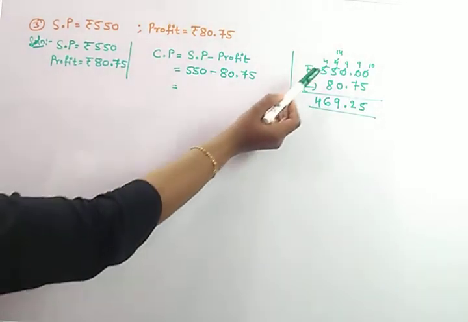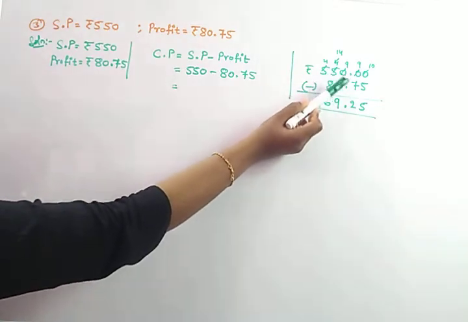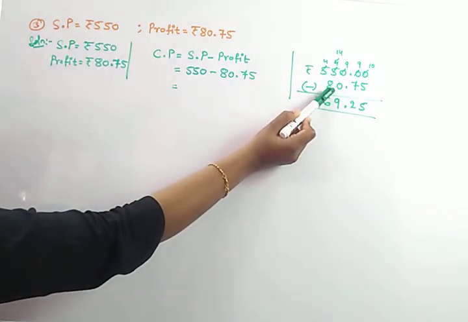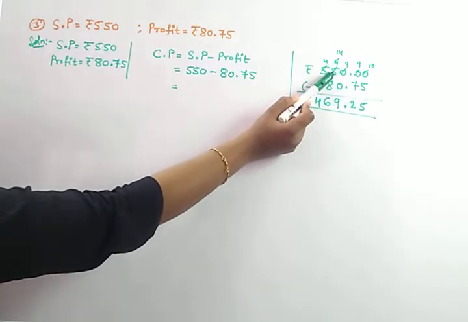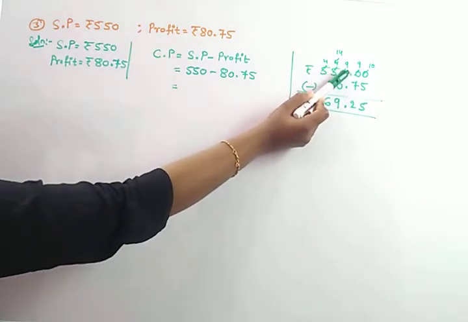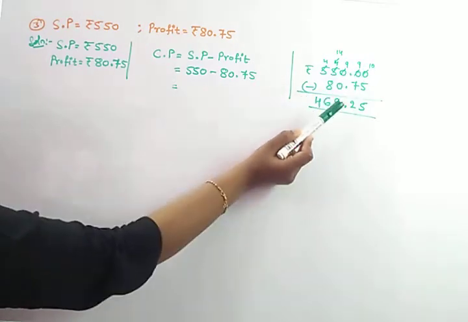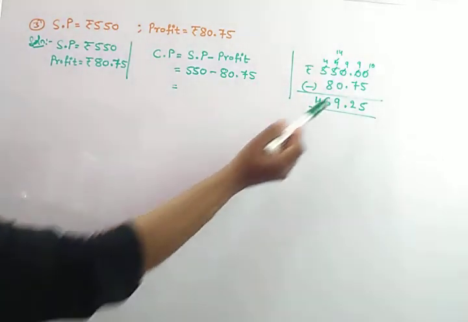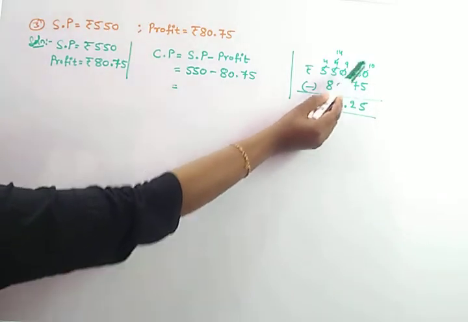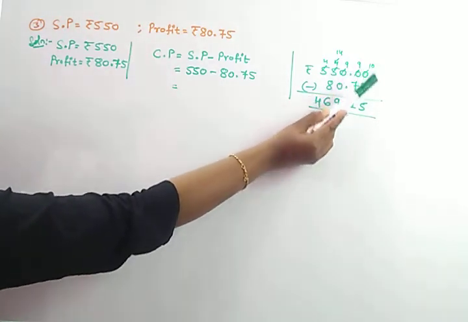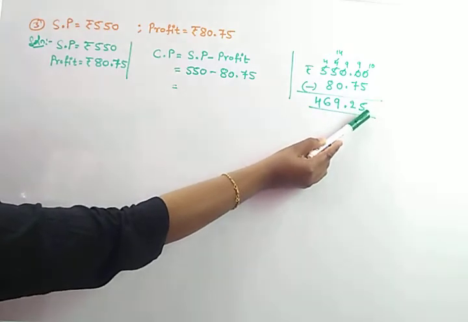Students, do like this: 550 rupees, and the second term having paise, 80 rupees 75 paise. In the first term, write 550.00. Then do the subtraction. 0 minus 5 we can't, so we need to borrow from this place. Then 0 becomes 10, and 10 minus 5 is equal to 5.